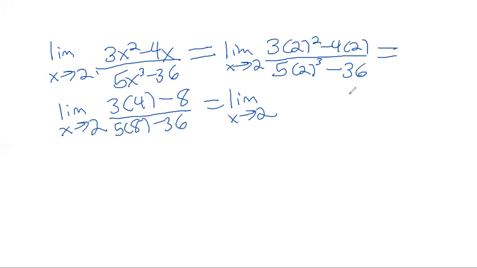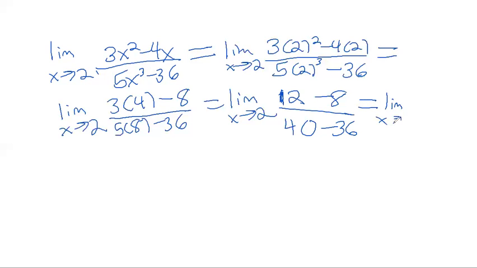Equals, let's see, 3 times 4 is 12 minus 8, and the denominator is going to be 40 minus 36.